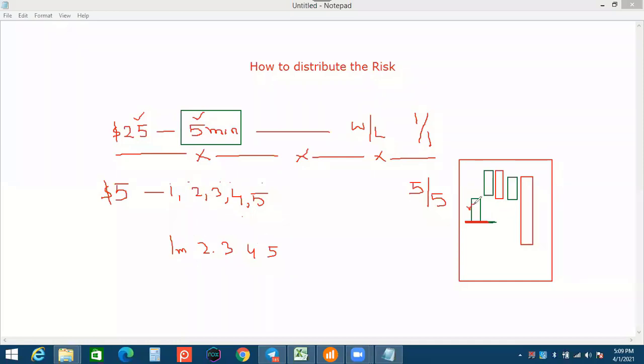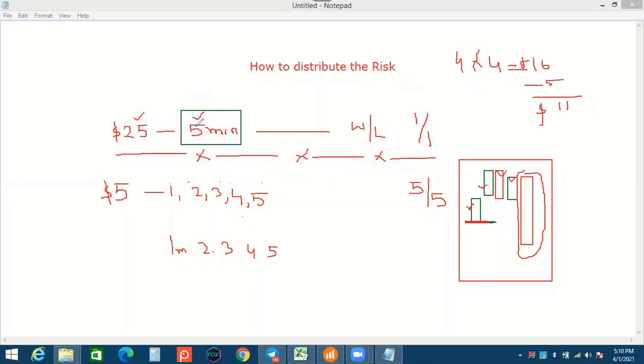1 minute you won, second minute expiry you won, third minute expiry you won, fourth minute expiry you won, last trade you lose, right? It means the 4 trades you won, if the return is 4 into 4, $16 you won and only $5 you lost. So at the end you won how much? $11, right?